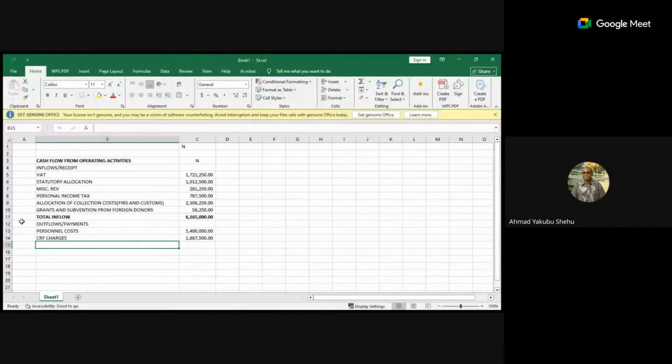This total is not correct too. Which one? The total inflow. Statutory allocation is 10 million. It's 10 million, and this one is 7 million. Personal income tax is 7,875,000, not 7,87,500.